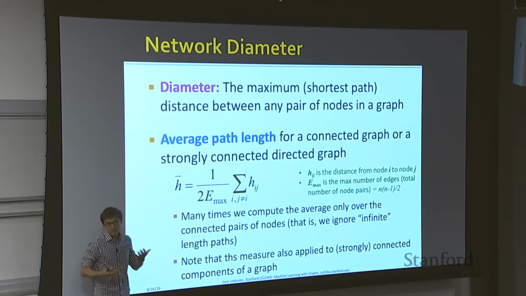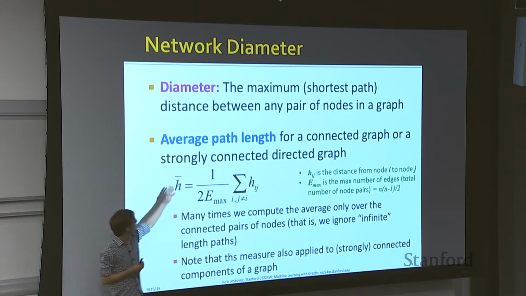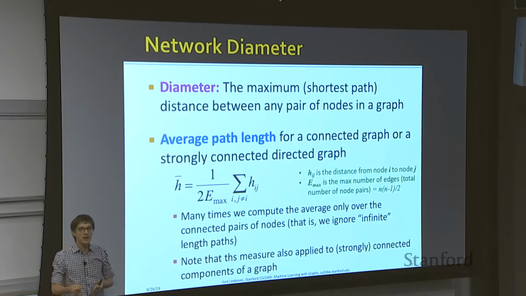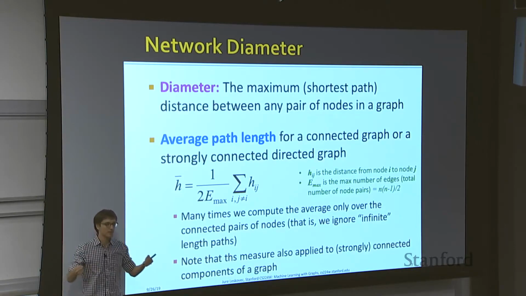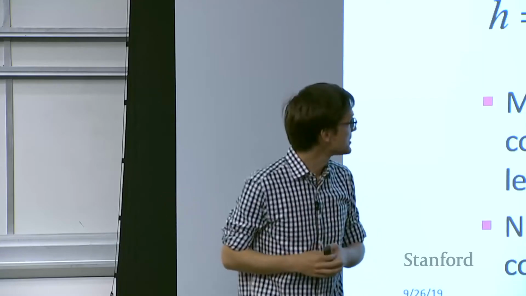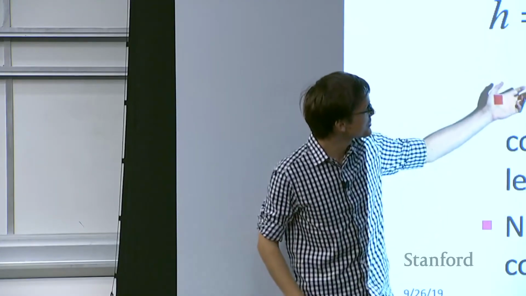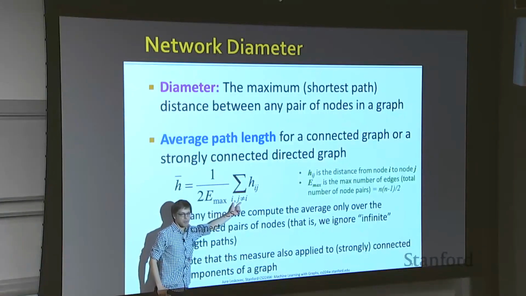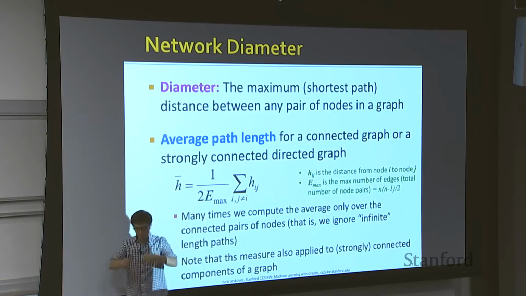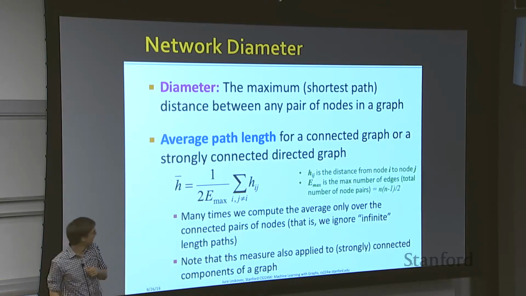So what people prefer to do is, for example, compute the average shortest path length. So this would be, if you pick a random pair of nodes, in expectation, what do you expect the distance to be? So the way you would do this is to go over all pairs of nodes, ask what is the shortest path distance between that pair, and take the average across all pairs.